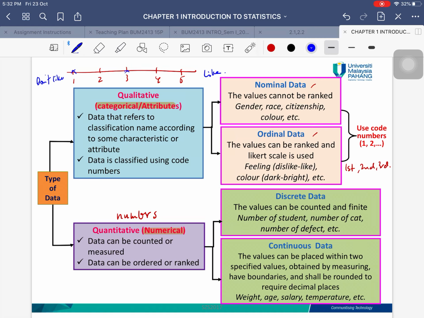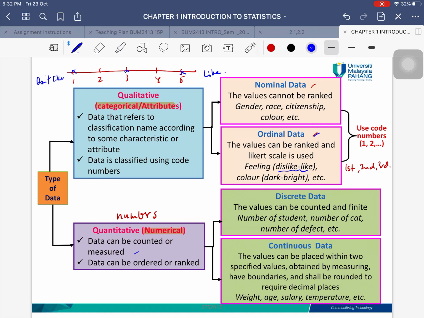If I put 1, I don't really like the drink. If I put 3, I was fine with it, I might purchase it. Or if I put 5, I was like, this is so good, I'm going to buy it again. That is called the Likert scale, this like scale. So it is something that can be ranked, and that is called ordinal data, something that we can rank.